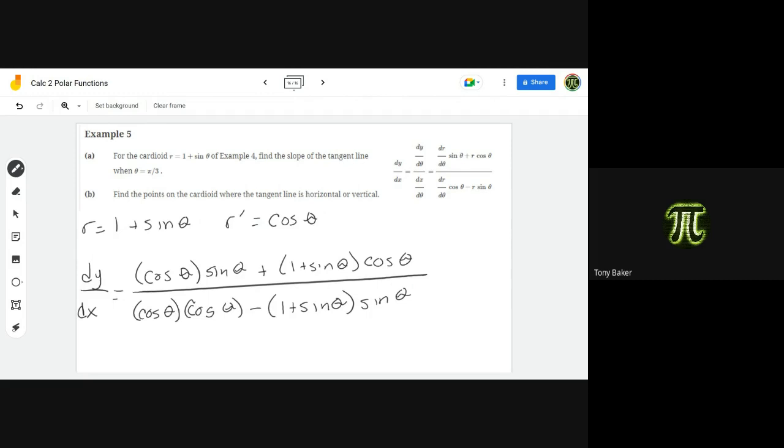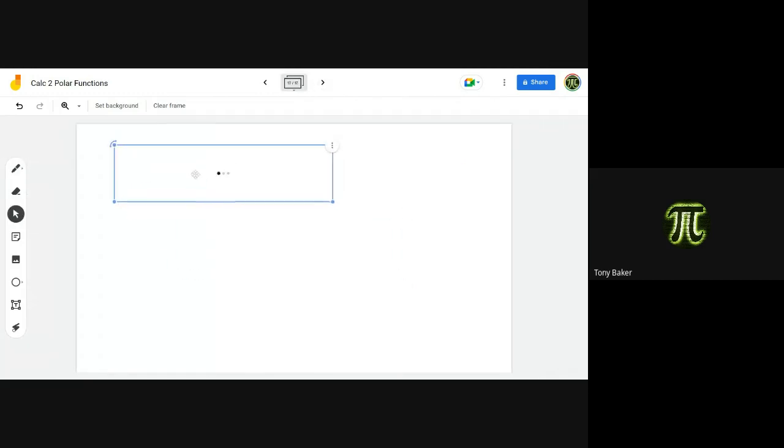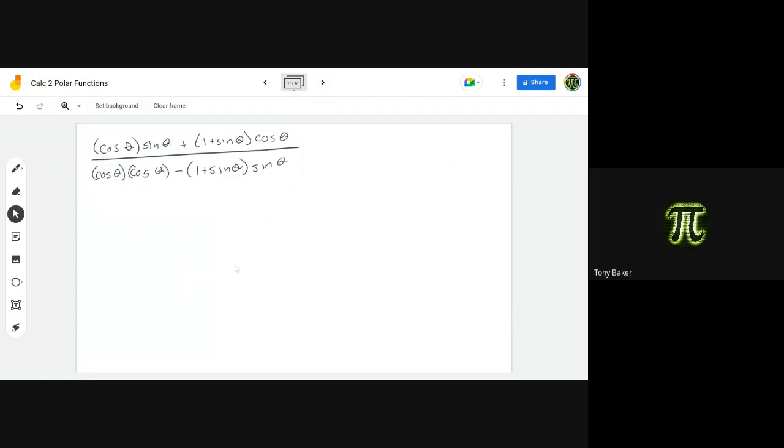All right. Now all we have to do is just simplify it down. So I have cosine θ sine θ, plus cosine θ, plus cosine θ sine θ on the top, which simplifies down to, I have two of those.